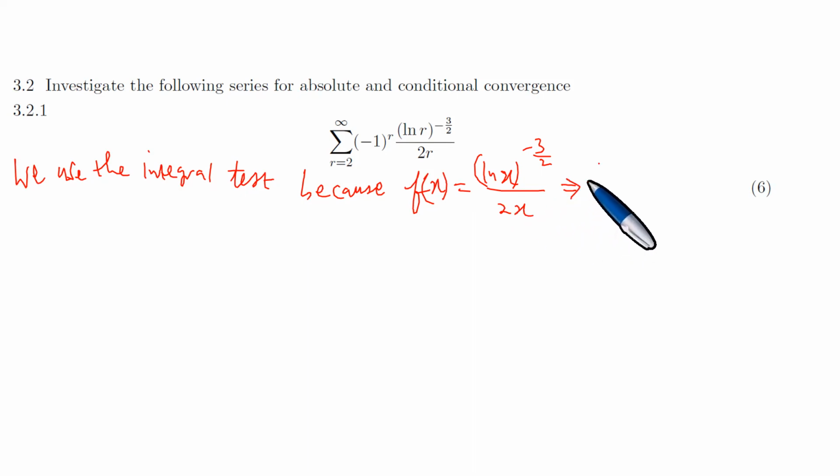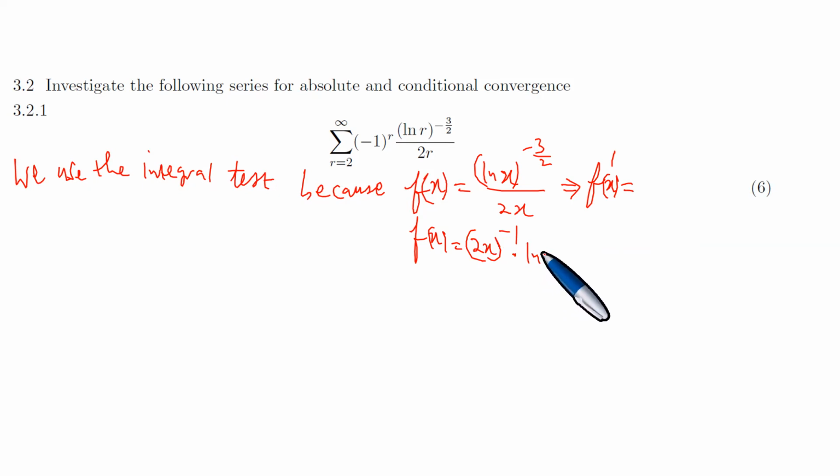What is the derivative of this? You can use the quotient rule to find the derivative of these, but you can use the product rule as well if you convert this thing to a product. So you have this one here, which is minus 3 over 2.